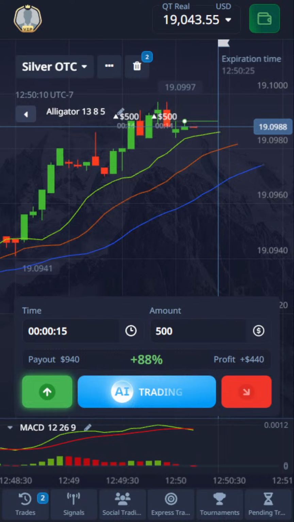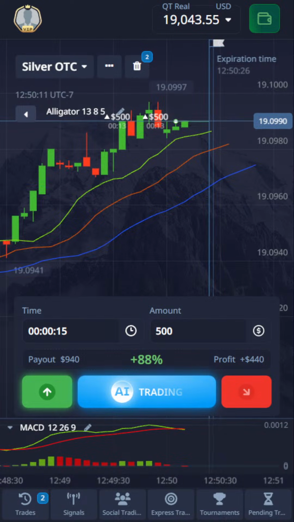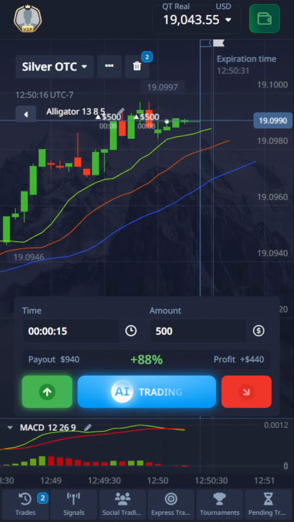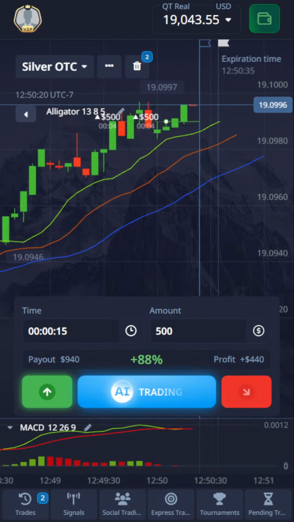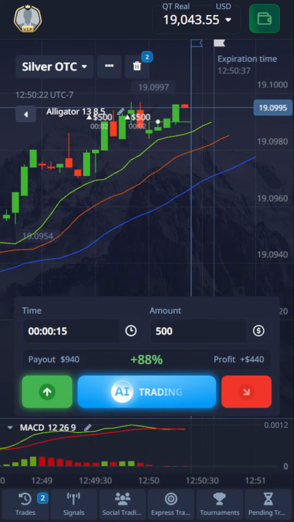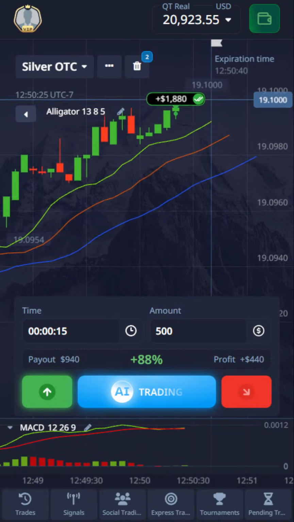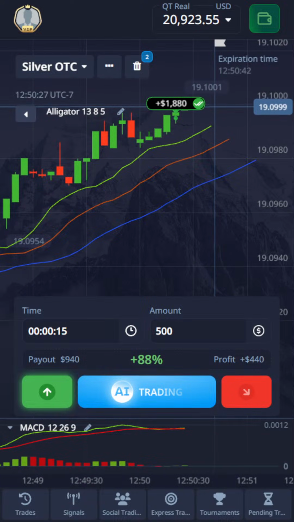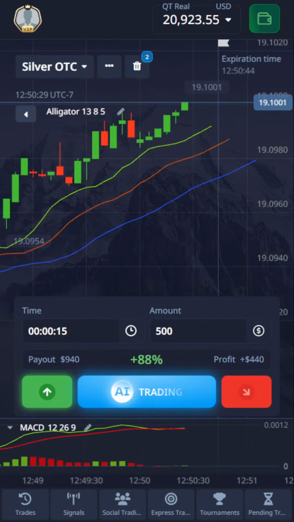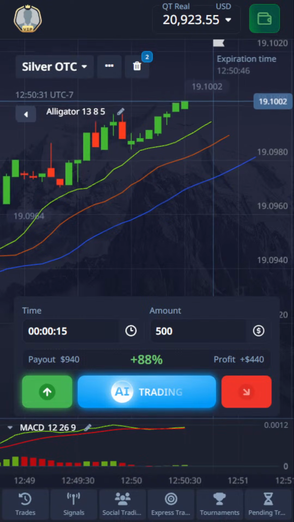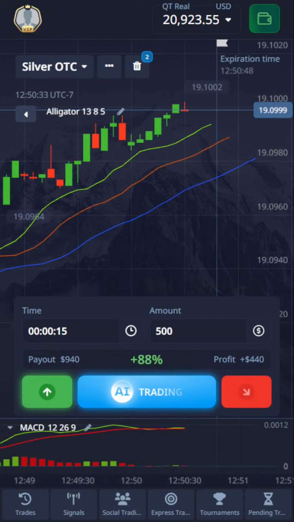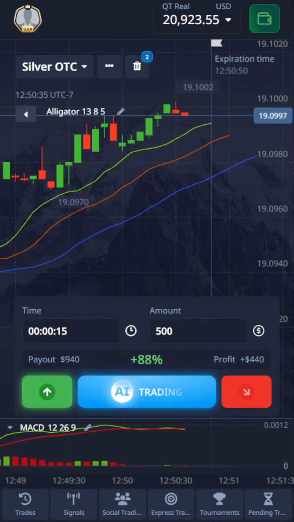That is 13, 8, and 5. As we see them going, the 13 is for the blue line, the 8 is for the red line, and the 5 is for the green line. 5 is our fastest moving line, and we consider it so much.